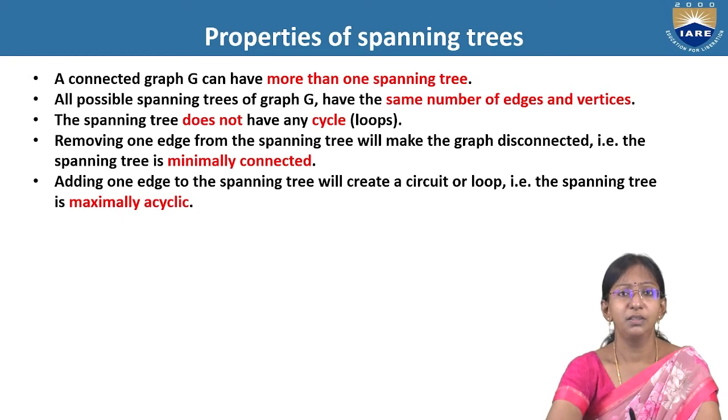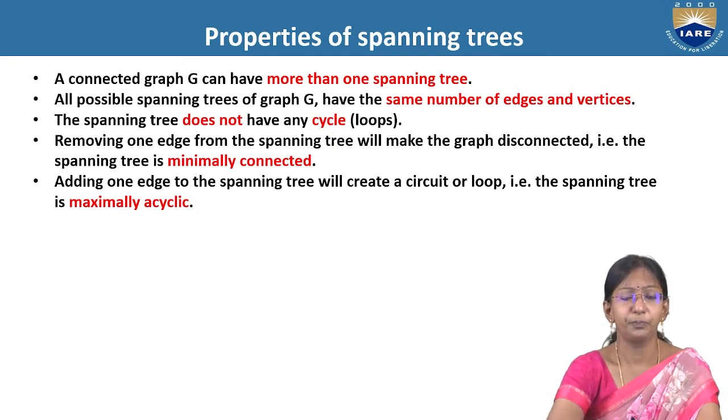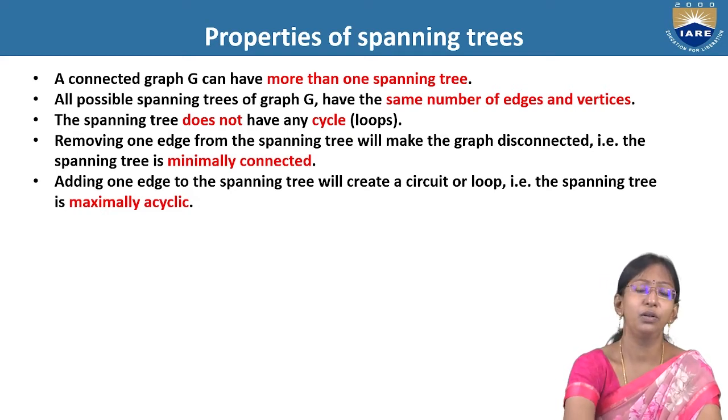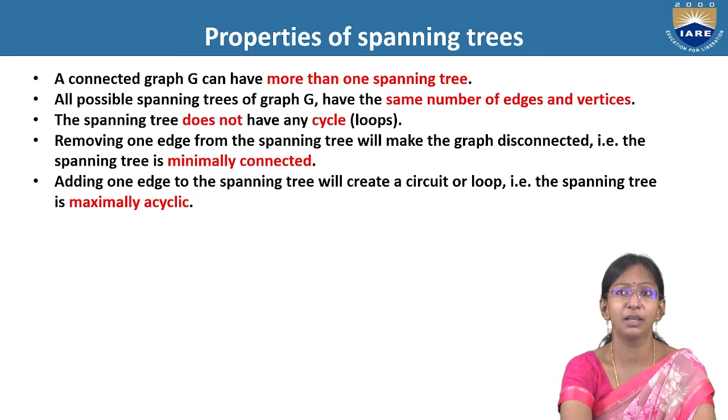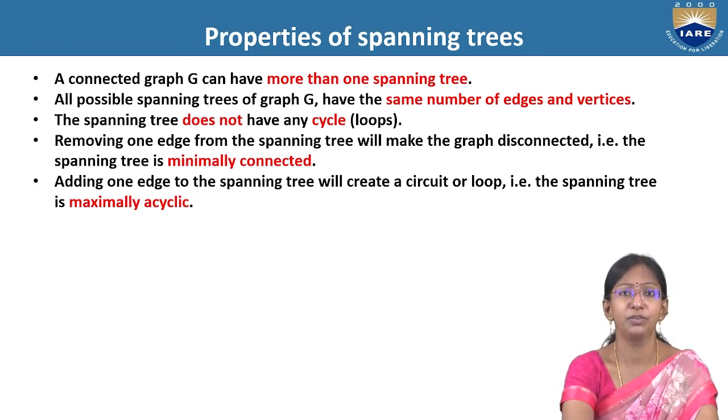Then what are the basic properties of a spanning tree? In a connected graph, you can have more than one spanning tree, and all the possible spanning trees of the graph have the same number of edges and vertices. As I said, you should not isolate any vertex, and the edges should not form any cycle, right?